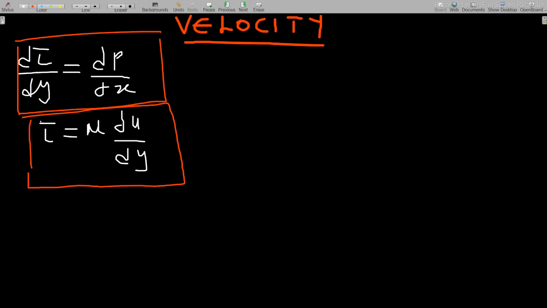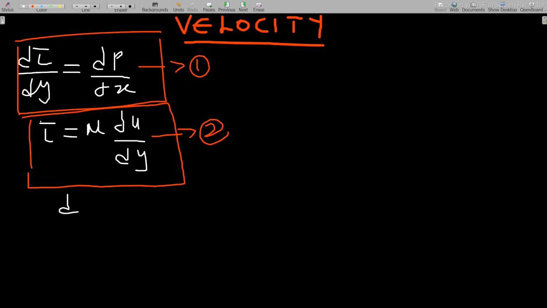So if that is the case, let's say I call this equation 1 and I call this equation 2, I can put equation 1 in equation 2 in the sense that wherever I see my tau, I put mu du dy there.